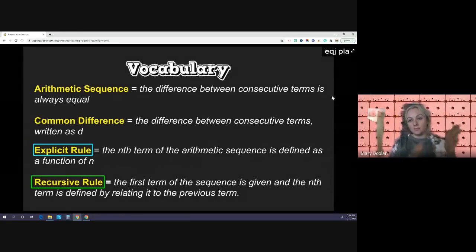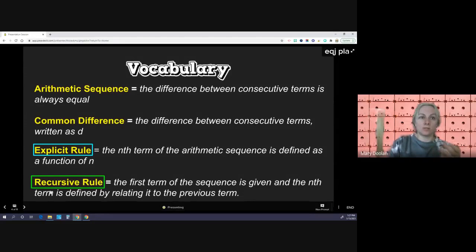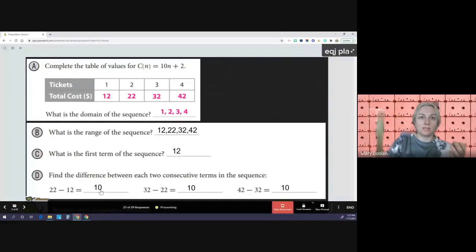So if you have a list of numbers where you're increasing by the same amount each time, that's an arithmetic sequence. And then the common difference is the difference between consecutive terms, and we write it as little d. And that's what we found in this last example. That's what this 10 was. We were finding the common difference.